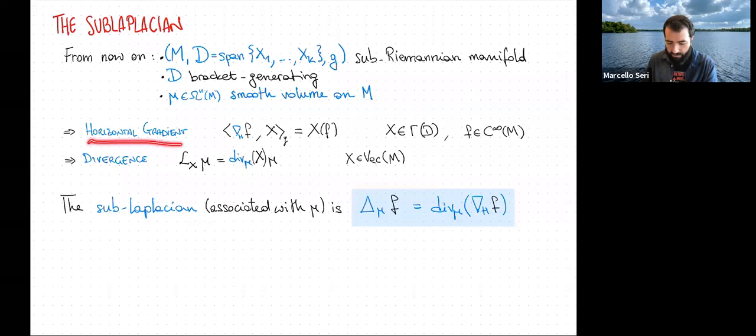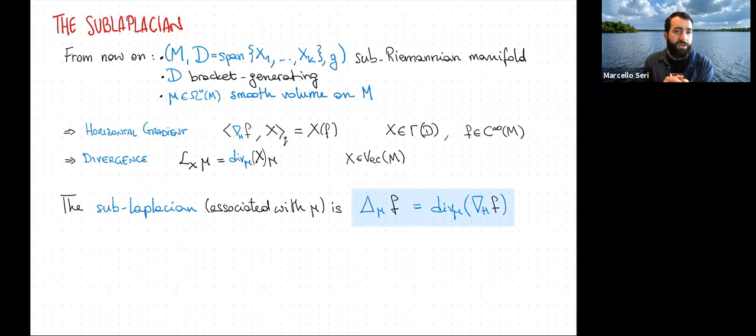We have a notion of horizontal gradient that is exactly the same as the gradient that we had in the Riemannian case, but it's restricted to the space that we know, to the distribution. So we see what happens on sections of the distribution, and that's what defines our gradient. In fact, it's called horizontal gradient because it's really something on the horizontal space, the distribution.